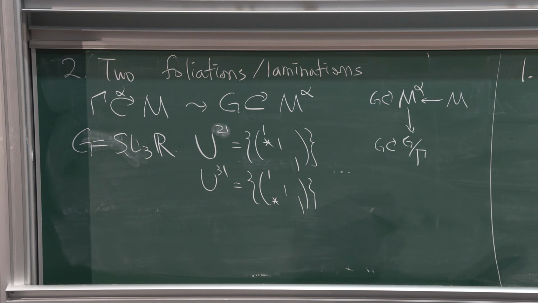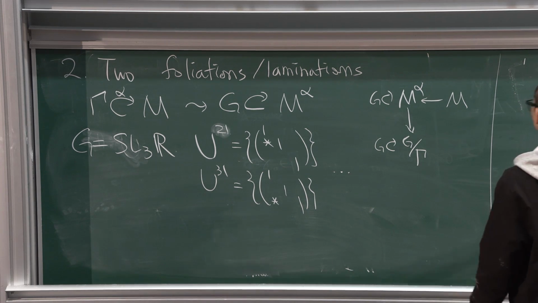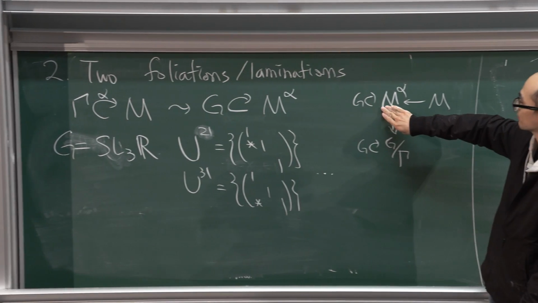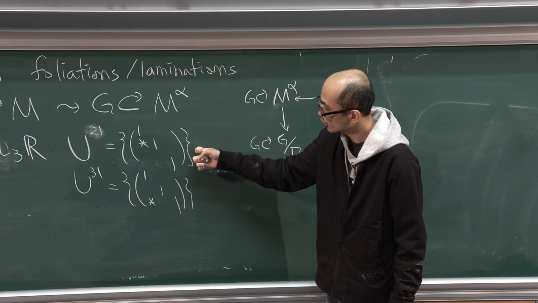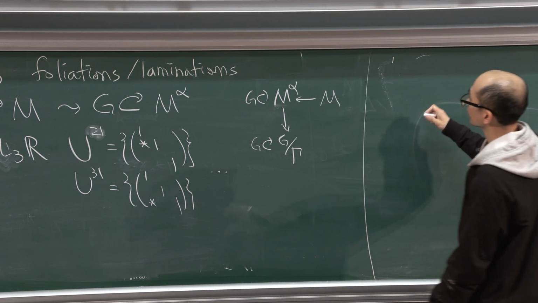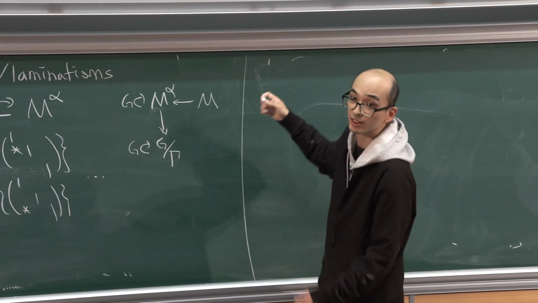So now what I want to do is that because you have a G action on the M alpha, and M alpha is a very nice space, actually. Because if you follow the, OK, I erased it, but if you follow the definition, then M alpha is a very nice space. So if you think about the subgroup U21 or U31, then actually there is a foliation given by the group orbit.